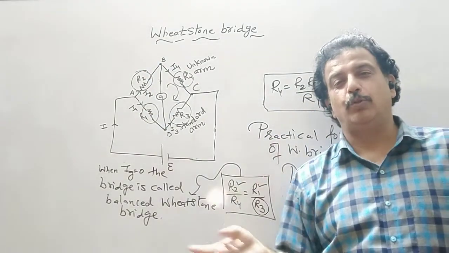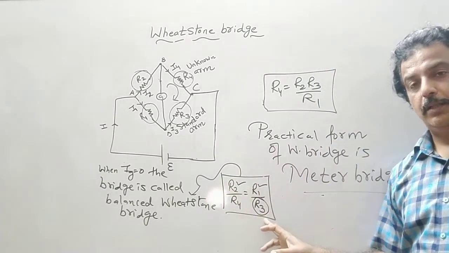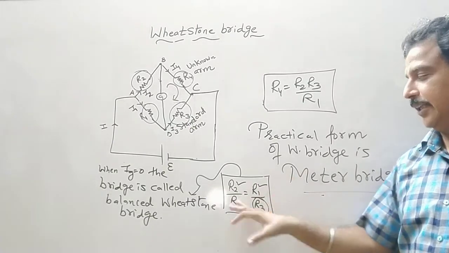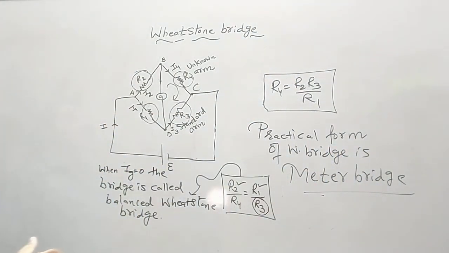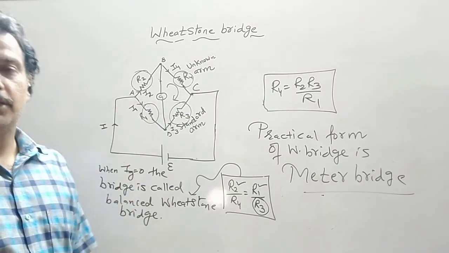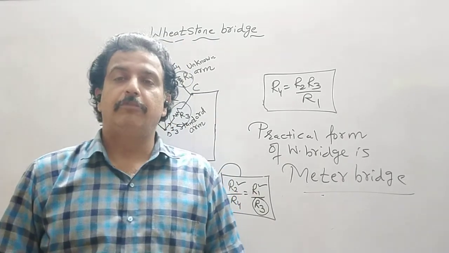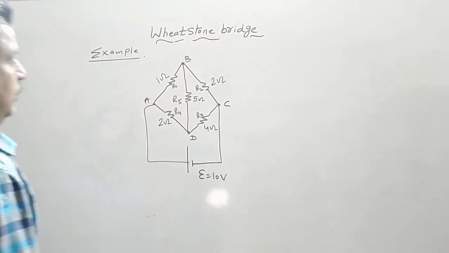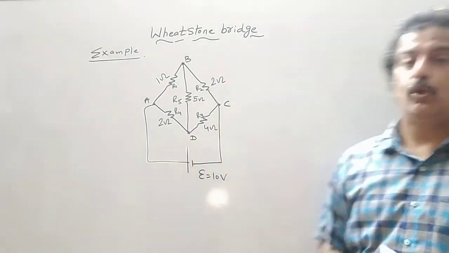So there are two ways to understand this: if the bridge is balanced, the ratios are equal and Ig is 0. And if Ig is 0, then the ratios are equal and the bridge is said to be a balanced Wheatstone bridge. Now let us take a small example to understand the Wheatstone bridge.